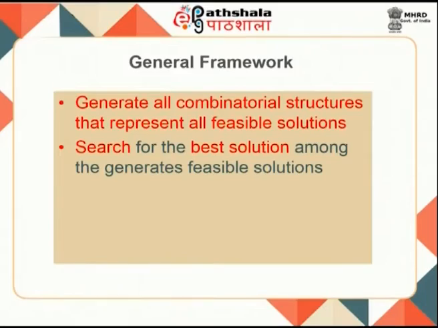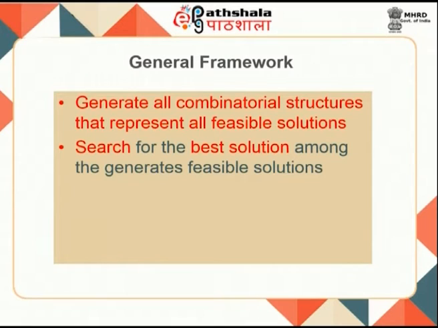This is the general framework of obtaining the optimal solutions. So, given a problem, we just look to generate all possible combinatorial structures that represent all feasible solutions. In other words, we are going to list out all the candidate solutions of the given problem.